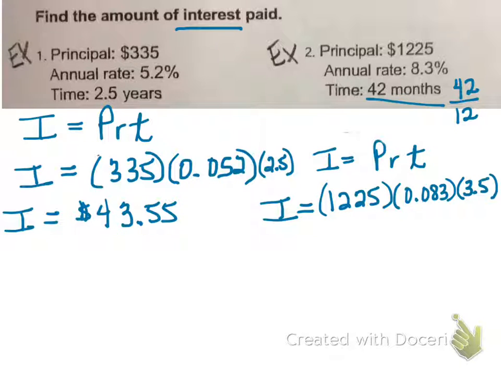Remember, we always have to use years in our formula. Multiply those 3 numbers together, and you get $355.86. That's a lot of interest, but again, we're going to leave this money in the account for 3.5 years, so you can see that your interest is going to be more there.